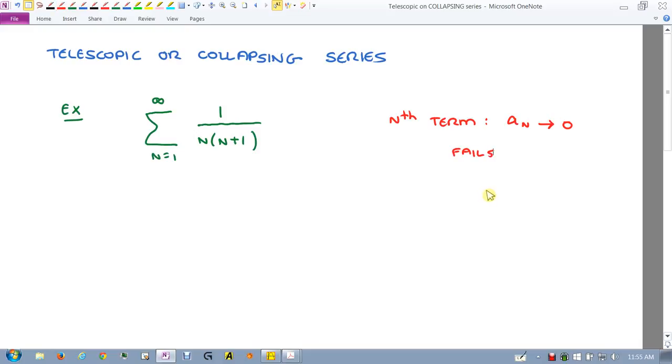I've had a test before where I've given a problem where this nth term test actually works, and you get like this is 1, and then you conclude what? Diverges. But the students will skip that. They'll forget about the nth term test because there's all this other stuff to worry about, right?